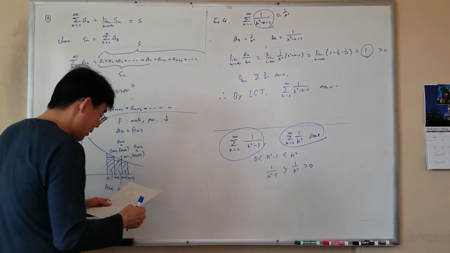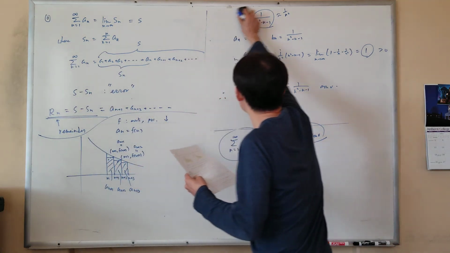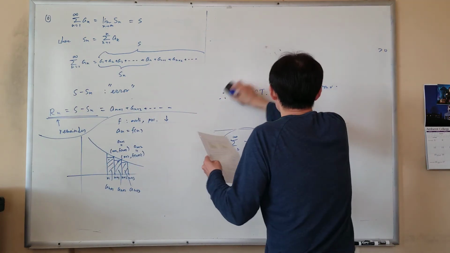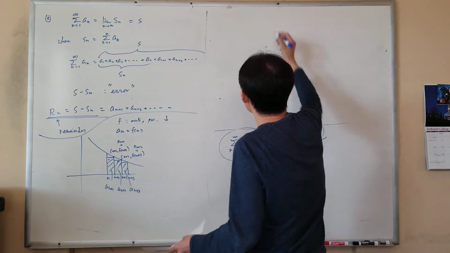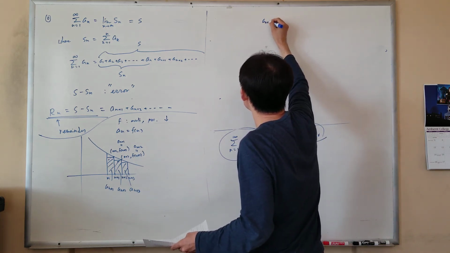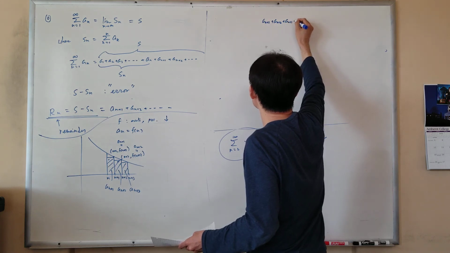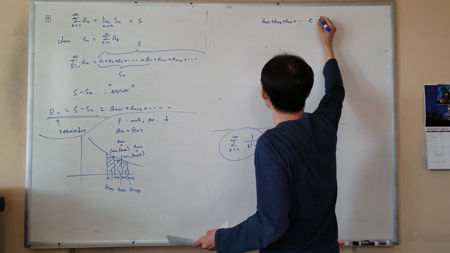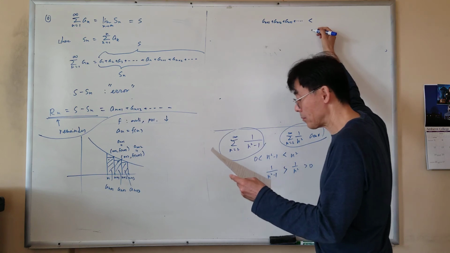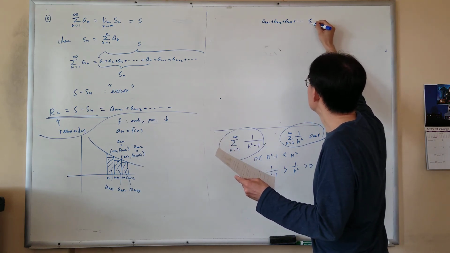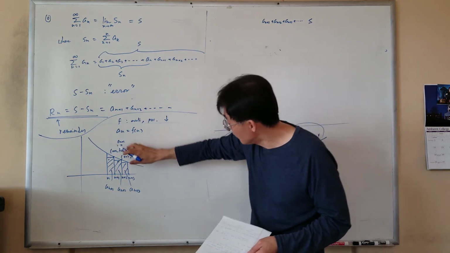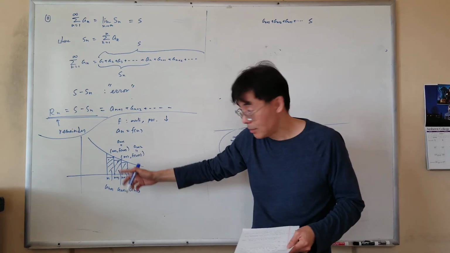So from that picture, we know that this remainder, An plus 1, An plus 2, An plus 3, keep going, is less than or equal to the area of the region under the graph.